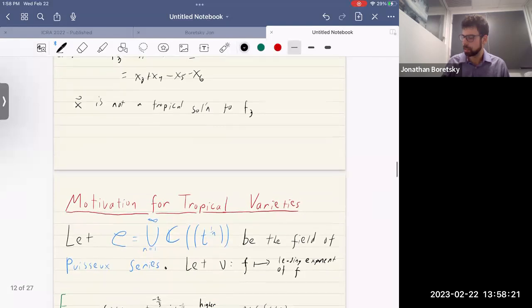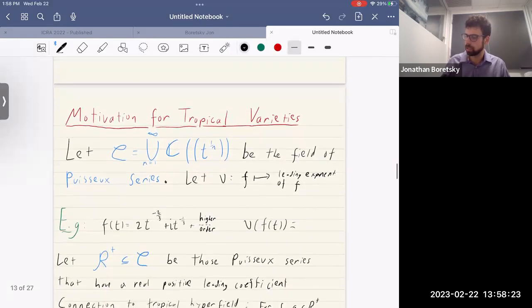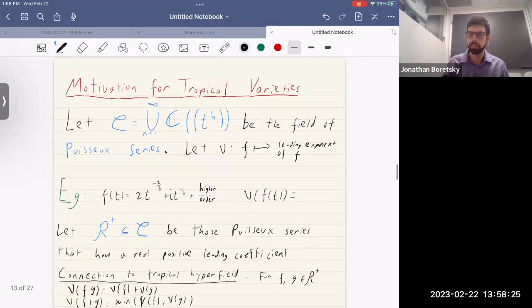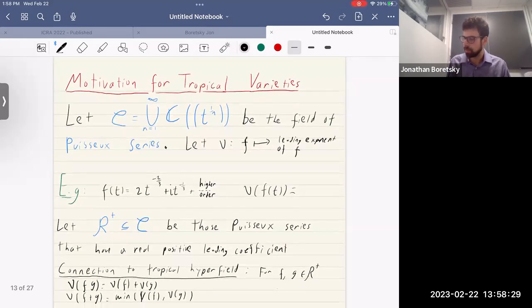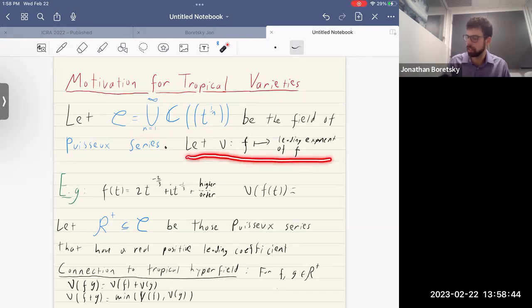So as promised, let me give you a little bit of motivation for where these definitions are coming from and why these are reasonable things to think about. We are going to let curly C be the field of Puiseux series. So these are Laurent series in rational powers of t. And then we're going to let nu be a valuation which maps a Puiseux series to its leading exponent.